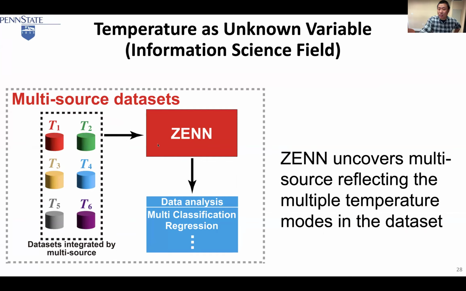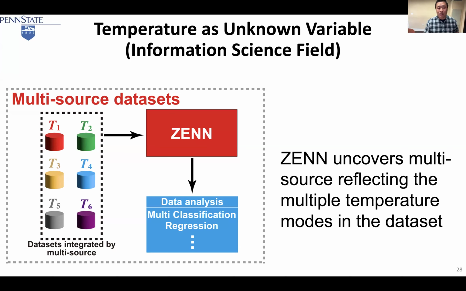But when you are given data, it is more important to learn the temperature, because temperature essentially tells you how many data sources you are coming from. So essentially you have T1, T2, T3, T4, a different set of temperatures that tell you how many data sets can be classified into the different sources.